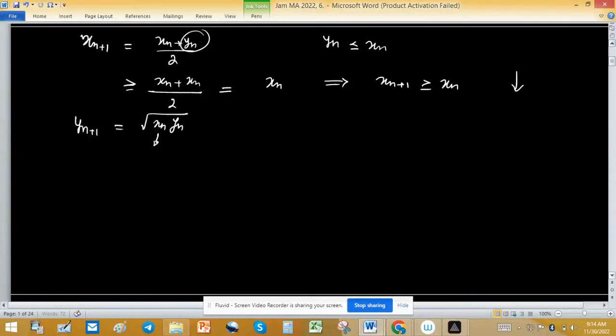So replace x_n to find the nature of y_n. As y_n is less than or equal to x_n, if we replace x_n by y_n, so y_n into y_n, this will be less than this one. From this we have y_{n+1} greater than or equal to y_n, means an increasing sequence.